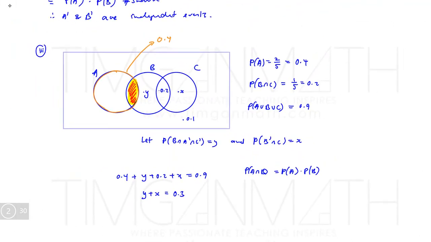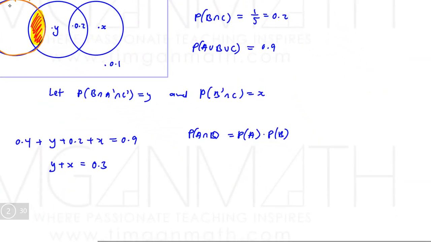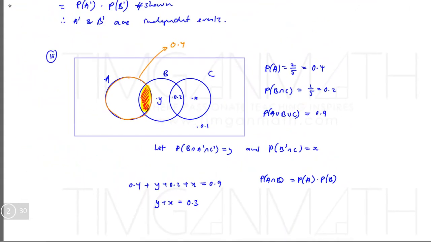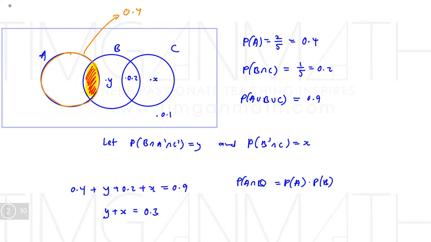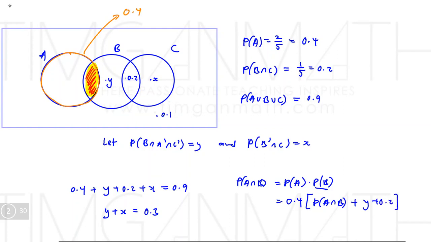So here, P(A intersect B) will just be, A is 0.4, and P(B) is just P(A intersect B) plus y plus 0.2. That is P(A intersect B). Oh, there you go, I got my answer already.